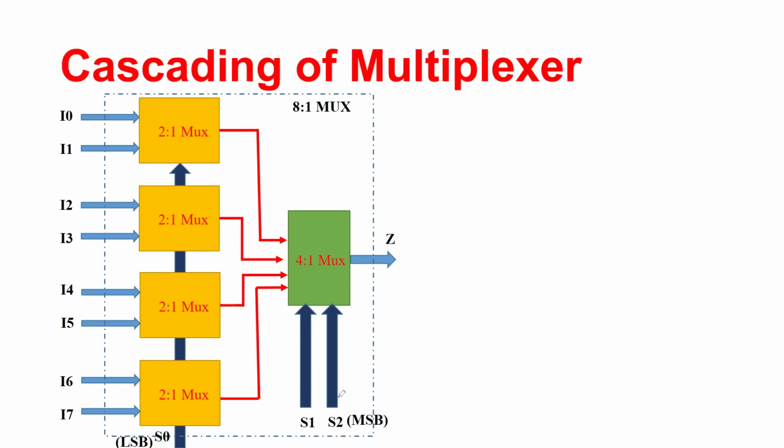So again, since it is an 8:1 MUX, you've got eight input data lines ranging from I0 to I7, three input select lines from S2 to S0, where S2 represents the most significant bit and S0 represents the least significant bit, and the 4:1 MUX, where the final output data line is Z.